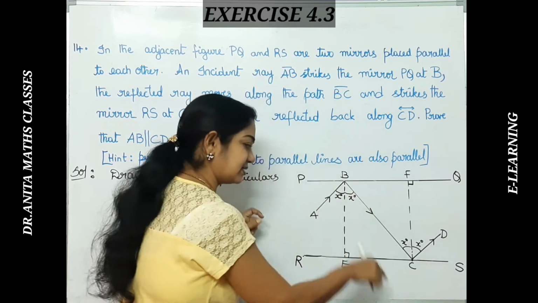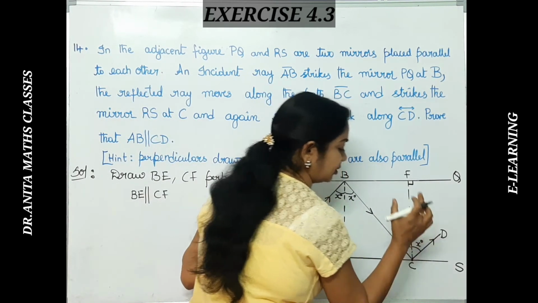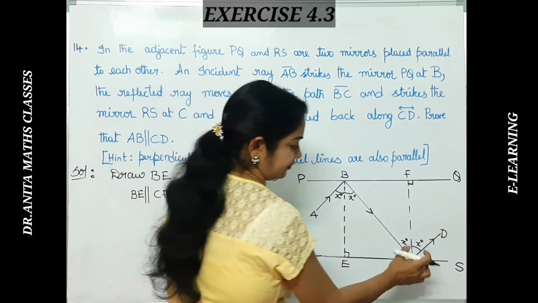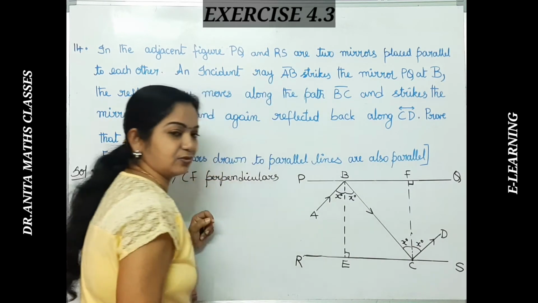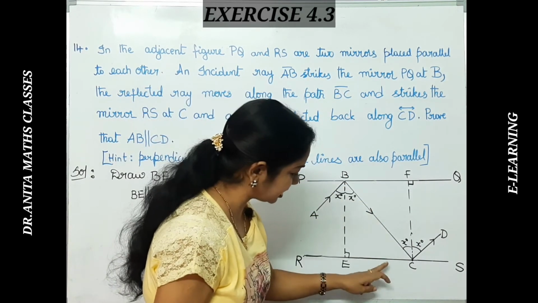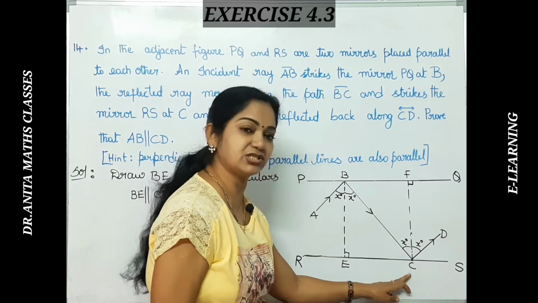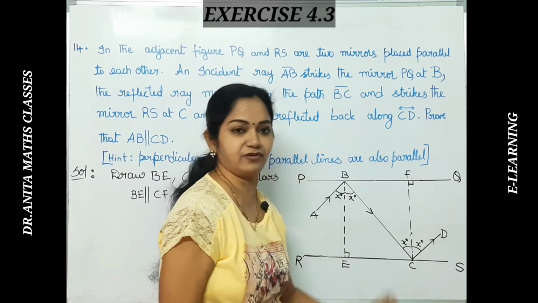As we know, the incident angle and the reflected angle to the same normal are equal according to physics. So I have taken all x values, the incident angle and the reflected angle. Now this reflected angle again forms the incident angle because it is striking at C, so the incident angle is equal to the reflected angle.